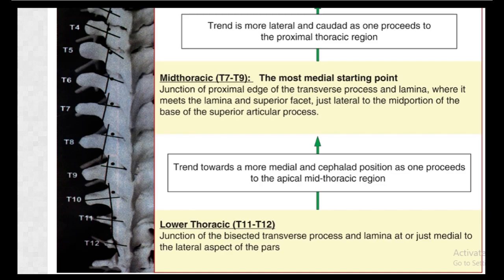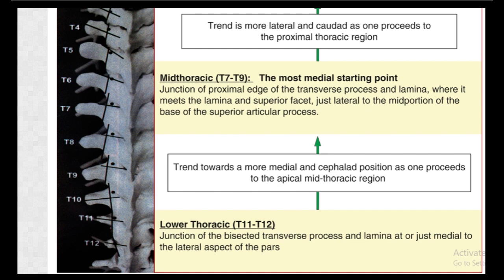As you can see in this figure, the paper recommends different entry points at different levels. So the last three thoracic vertebrae, T10, T11 and T12, have an entry point which is more lateral and along the middle of the transverse process.